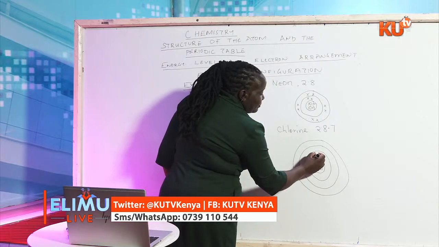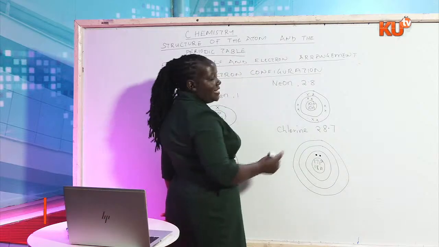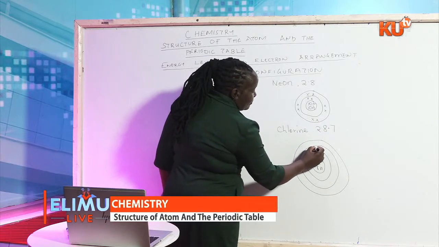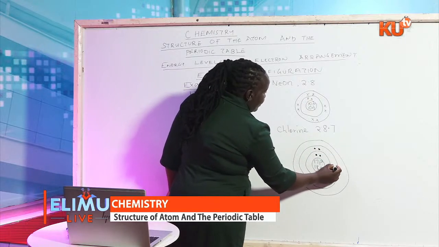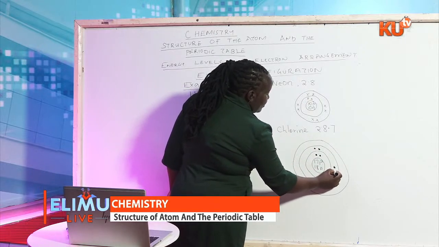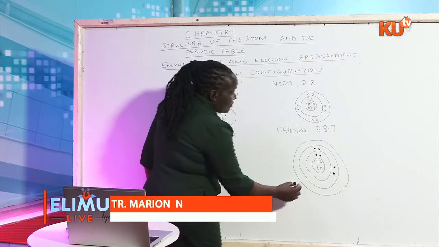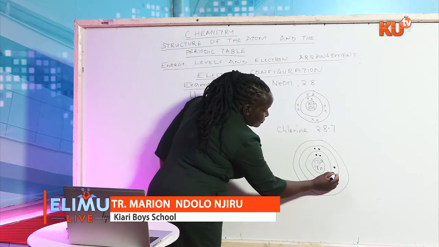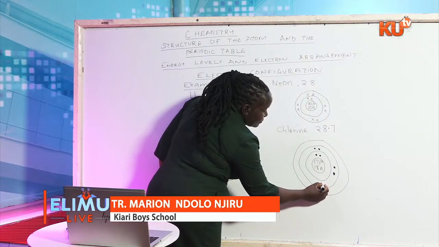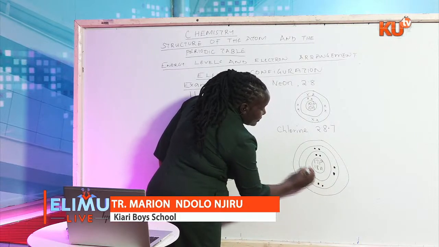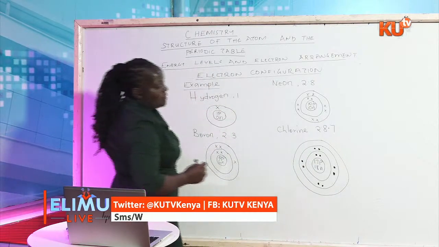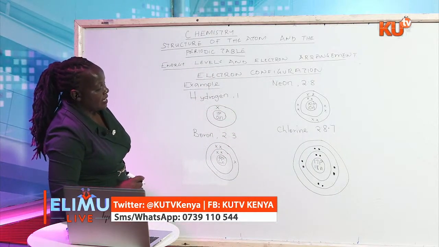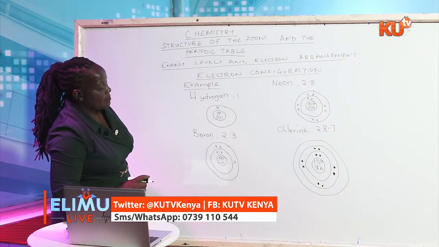So the first energy level has 2. The second energy level has 8. So in this case, I'm using dots to represent the electrons. So we have the second energy level there with the 8 electrons.